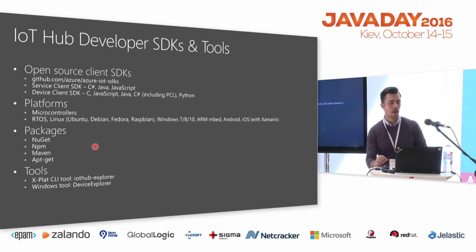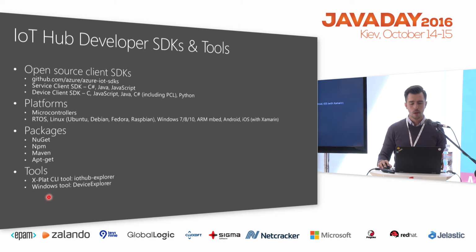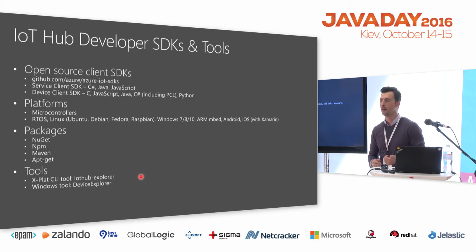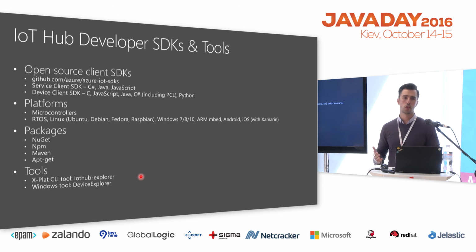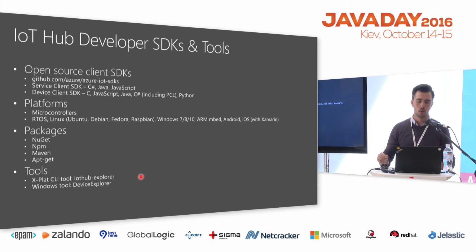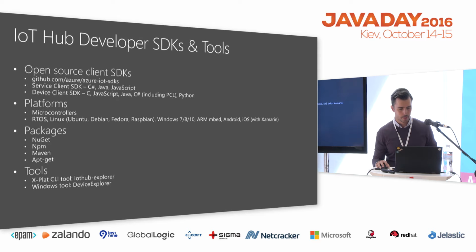You have two options there. One is the Device Explorer that I will use in this presentation. It runs on Windows. The other is really platform independent. It's called IoT Hub Explorer. It's a Node.js application, and if you have Node running somewhere, you can use it to do all this.